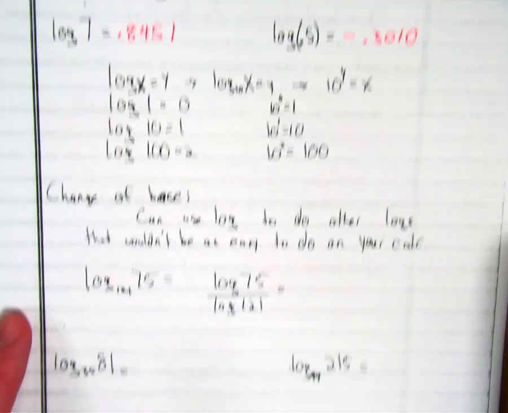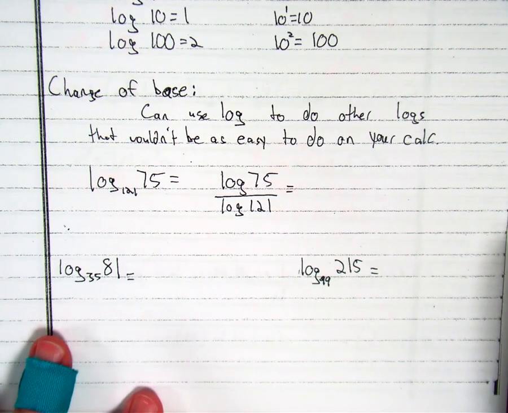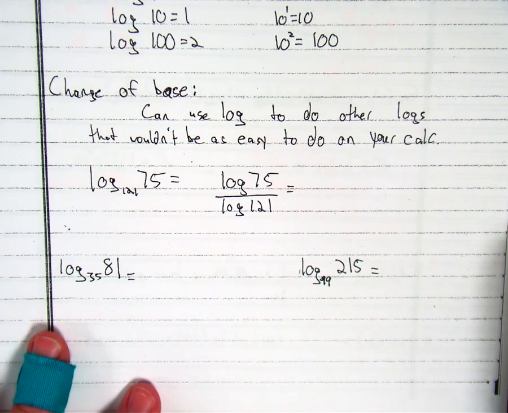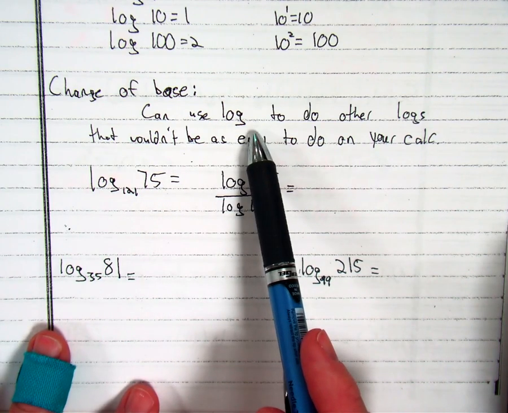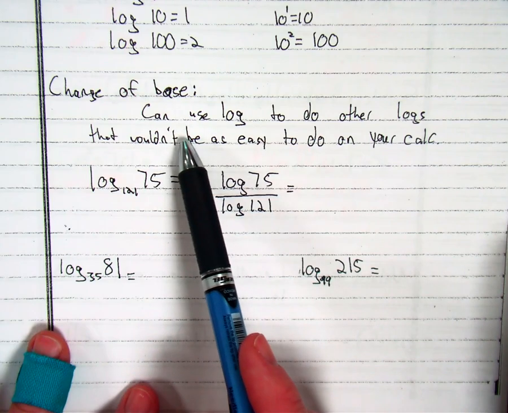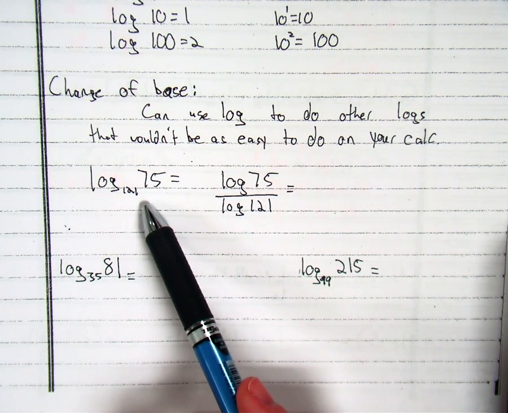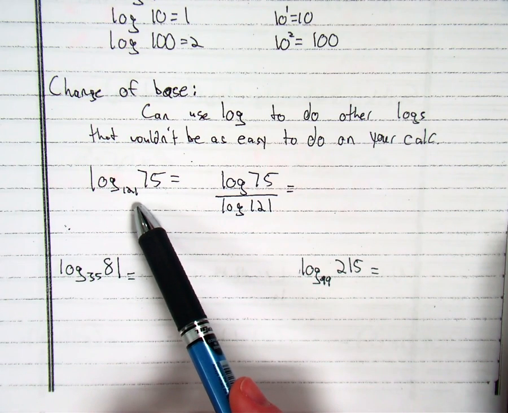A pretty important formula from before the time of the TI-84 is the change of base formula. We can use it to change our base to be common log, so that we can easily evaluate logs of crazy bases like base 121.